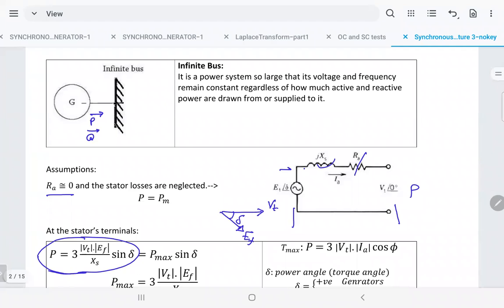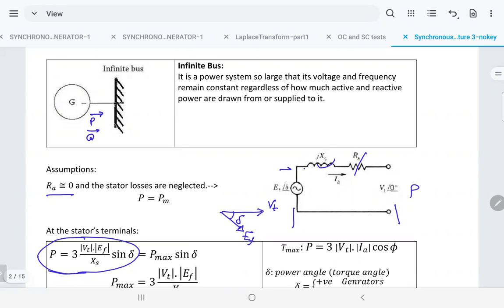So the power sent and the power received are equal. Why are they equal? Because simply you don't have resistance in the middle. We ignore RA. If there was RA, there would be copper losses. So the output power going to the infinite bus would be equal to the input power coming from the generator minus the copper loss. But in this case, very simple. The input and the output are equal as power.